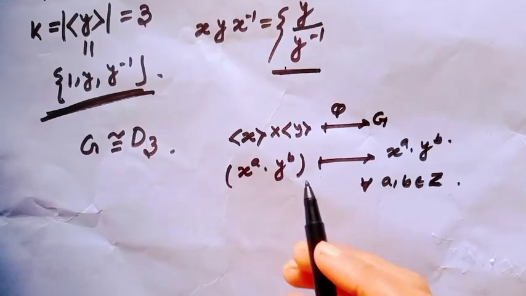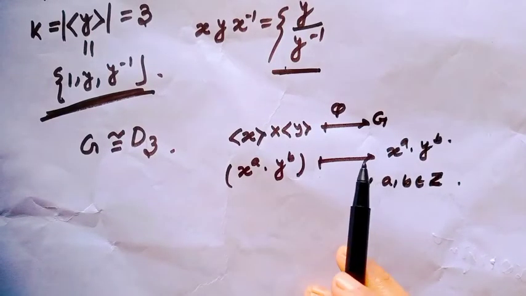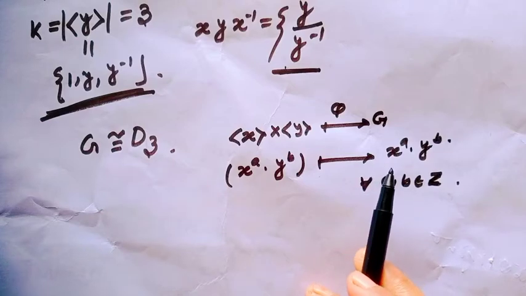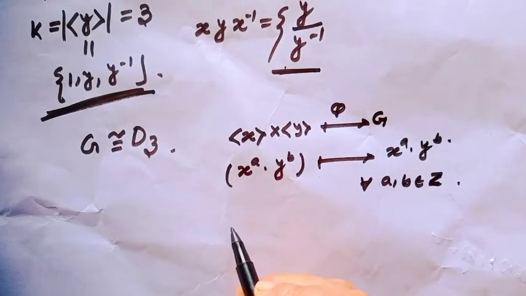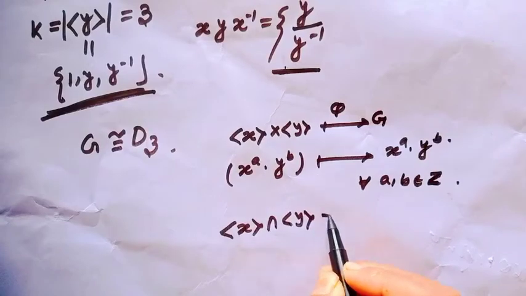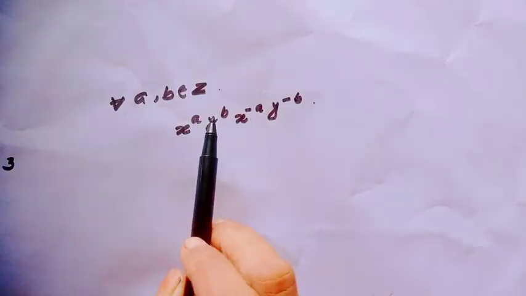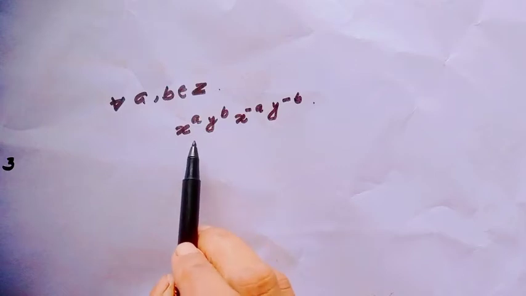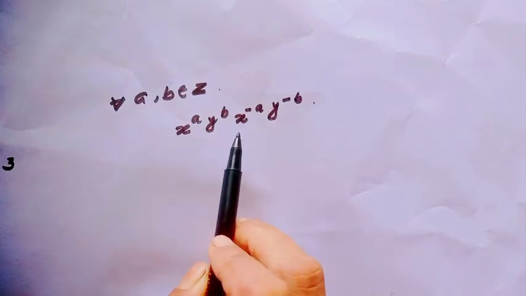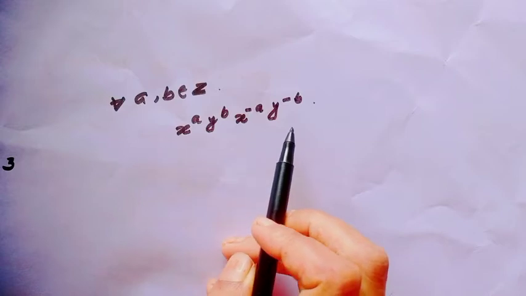Notice one thing: since the orders of the cyclic subgroup generated by x and the cyclic subgroup generated by y are prime to each other, their intersection will be 1. For all a, b in the integers, consider the relation x to the power a times y to the power b times x to the power minus a times y to the power minus b.